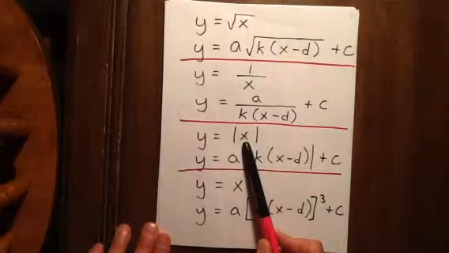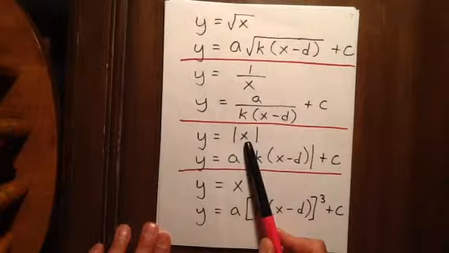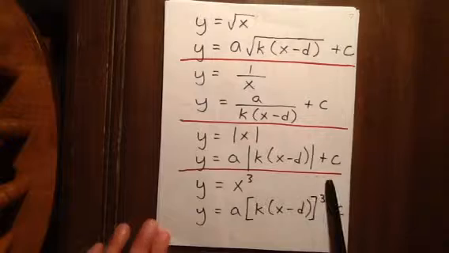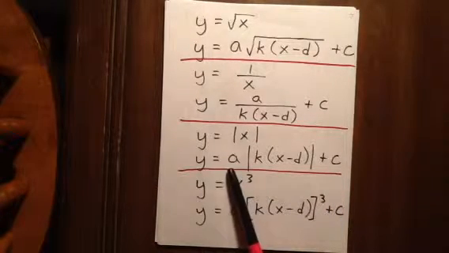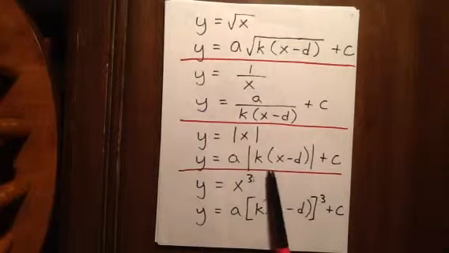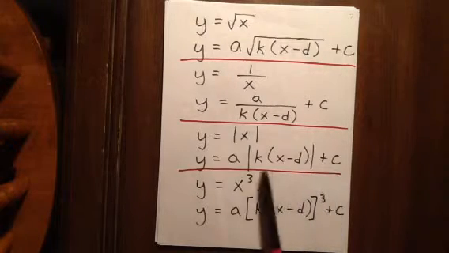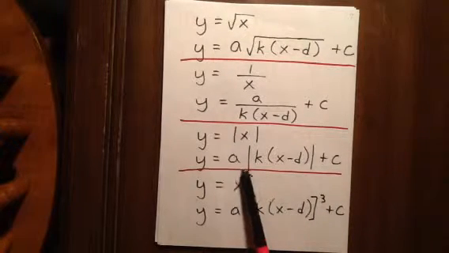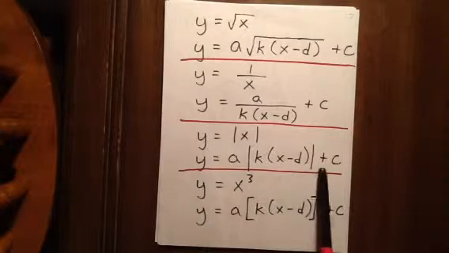Next, if we have y equals the absolute value of x, well, when we go to graph a transformed function of that, we're going to hope that we can arrange it so that we have y equals a times the absolute value of k, x minus d, plus c. Okay? It's like a f of k x minus d plus c.